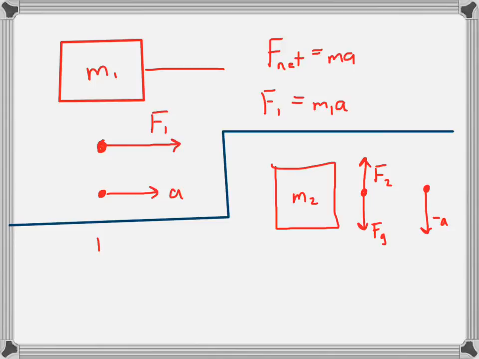So when I go to write Newton's second law, F net equals ma, I have net force, which is just F2 minus Fg, and Fg is just m2 times g. That is going to equal negative m2 times a, because I'm expecting my acceleration to be negative. So that's the second equation that I can set up to solve this system.